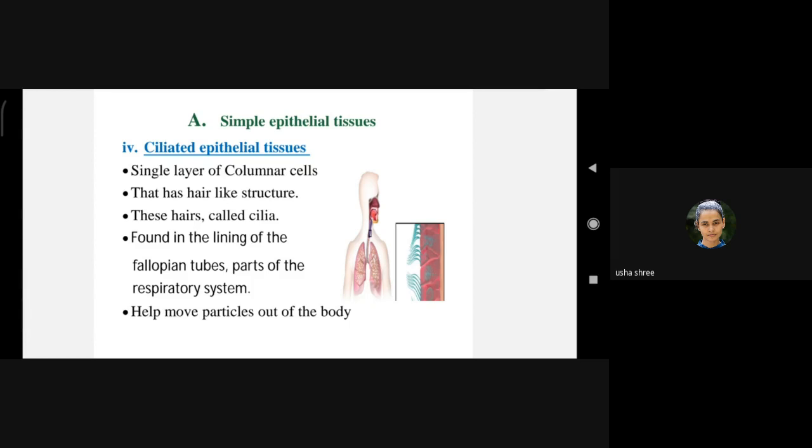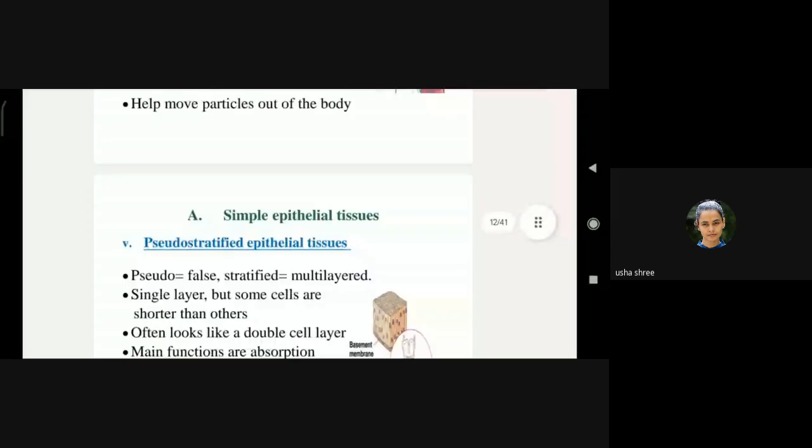So the cilia help to move the particles or materials.